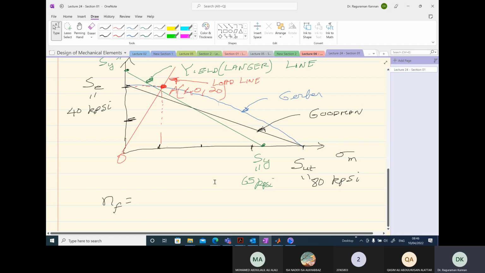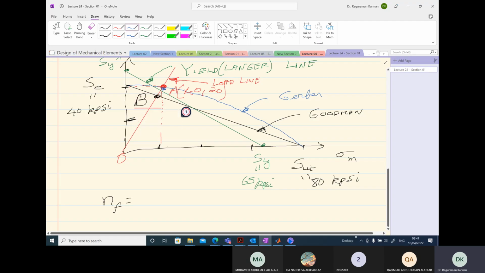Okay, so to get these intersection points, let's denote them by different letters. Since I denoted the other one by A, I'm going to denote this point by B. And there is also an intersection point between the Gerber curve and the line.